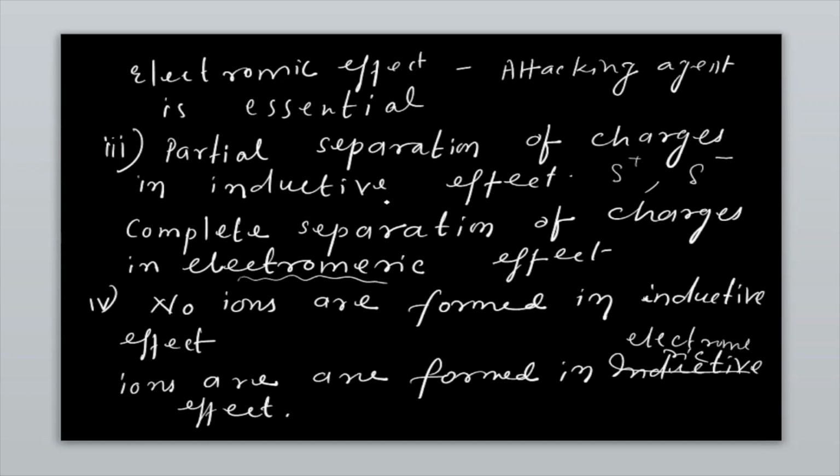No ions are formed in inductive effect. You can observe there are no ions, because only plus I and minus I, releasing or withdrawing nature, show the inductive effect. But ions are formed in electrometric effect.